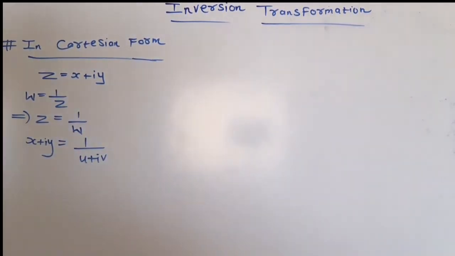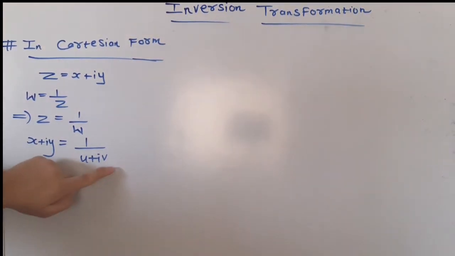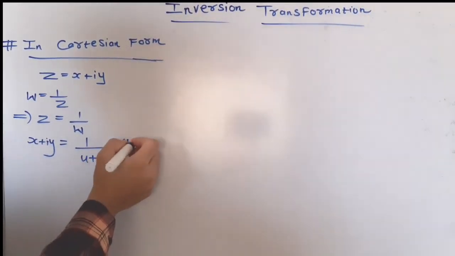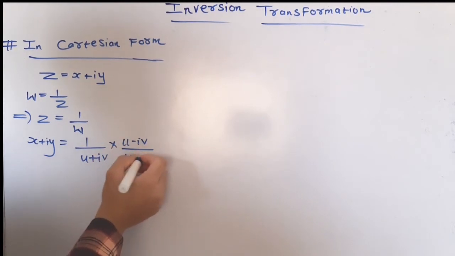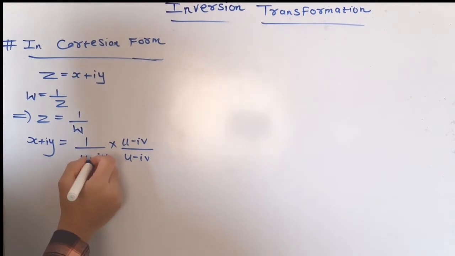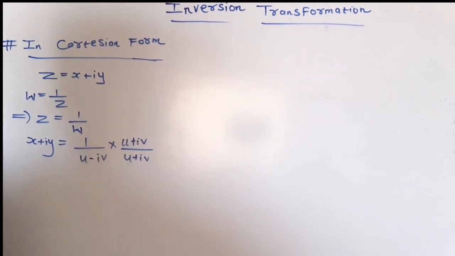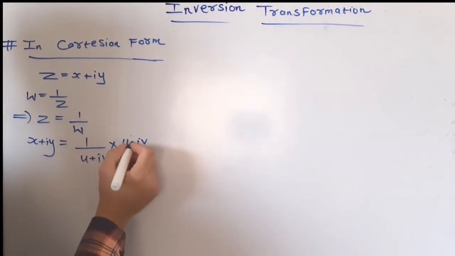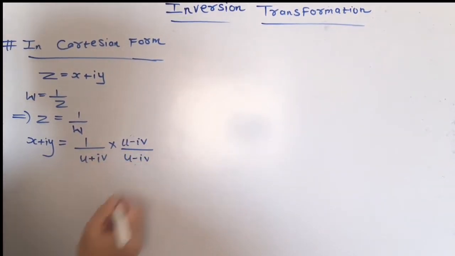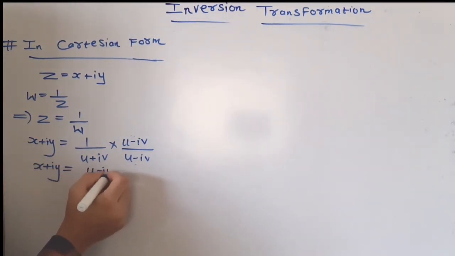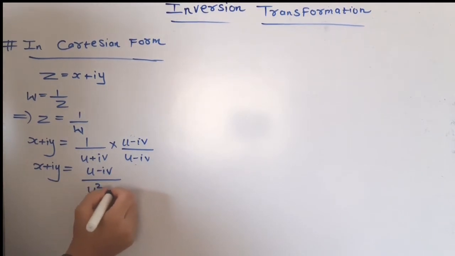Whenever we have a complex number in the denominator, we multiply and divide by the conjugate, that is u minus iv, the conjugate of u plus iv. So now x plus iy equals u minus iv upon u square plus v square.